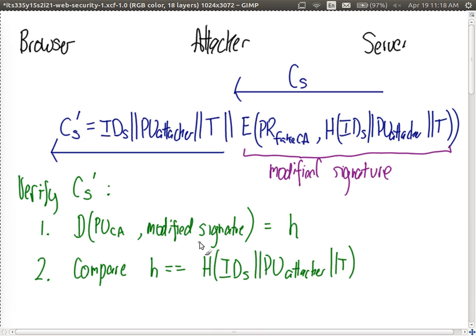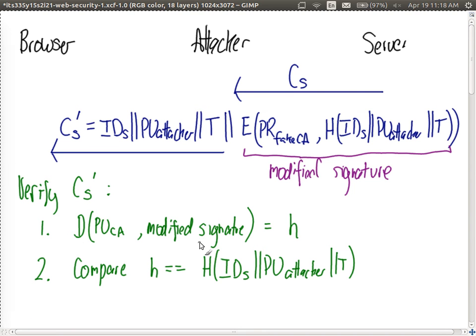So when we decrypt this modified signature, we will not get the original input. When we decrypt with the wrong key, we don't get the plain text. So h, lowercase h here, will not be the hash of IDS, PU attacker and T, because we've decrypted with the wrong key.